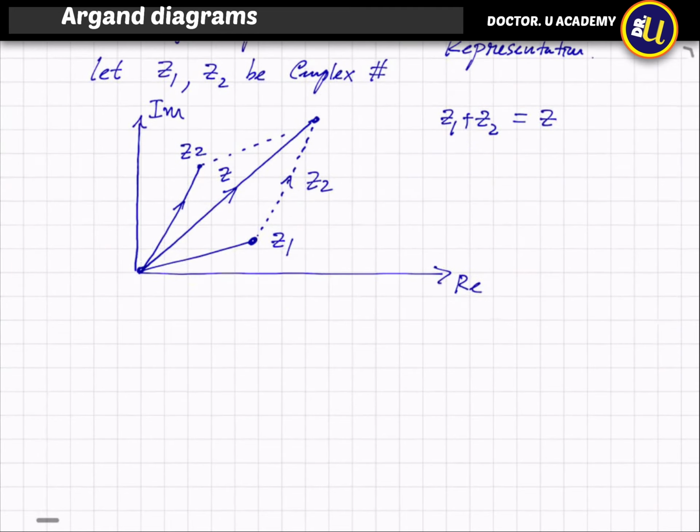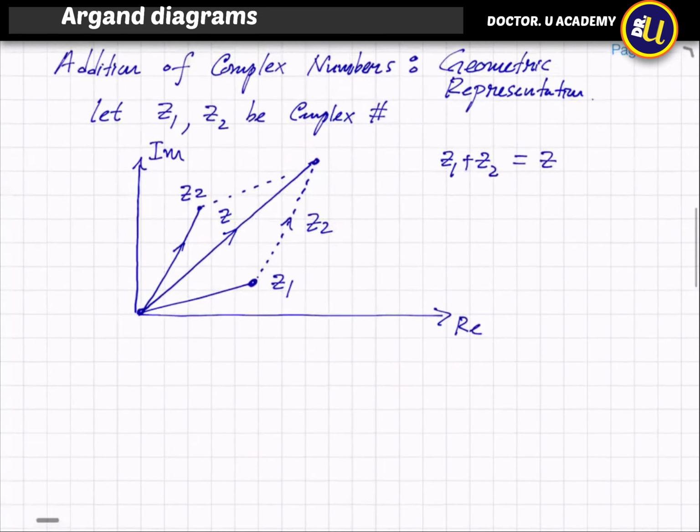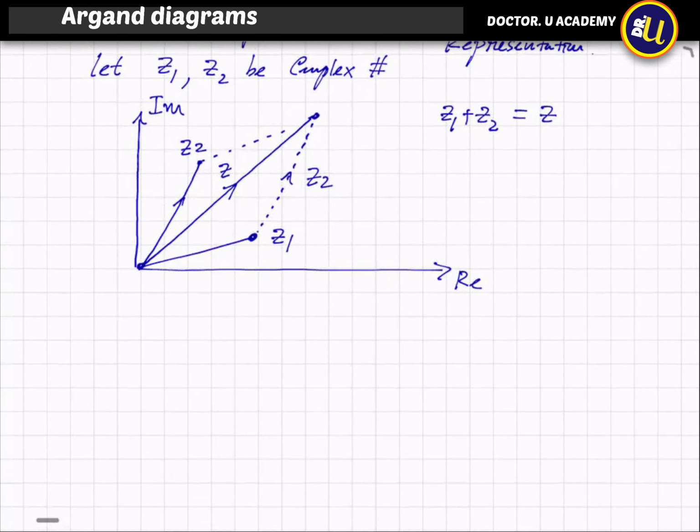Now we'll discuss one example here, the geometric addition of two complex numbers. Let z1 be 1 minus 4i and z2 be minus 2 plus 2i. Then we have to find z1 plus z2 and show that geometrically.